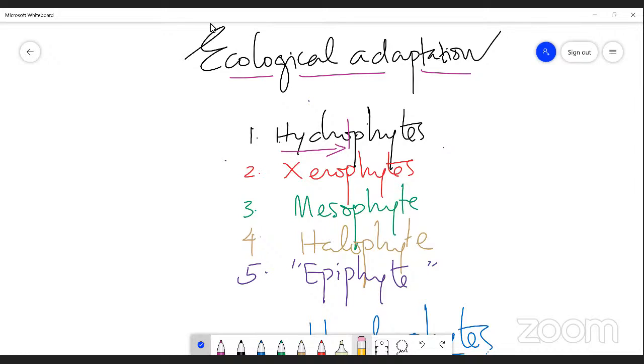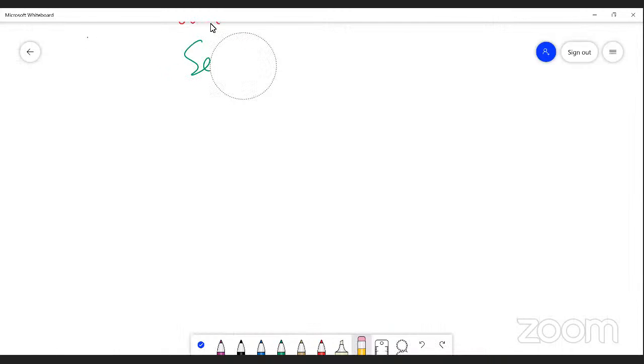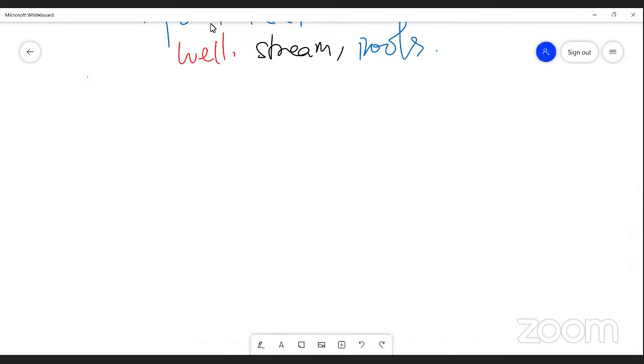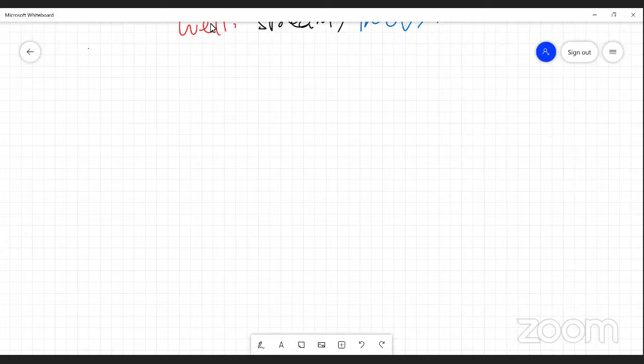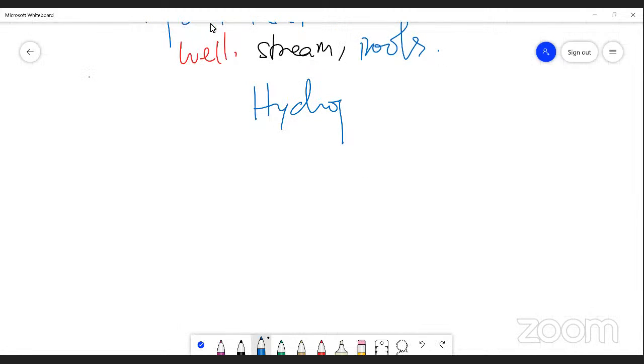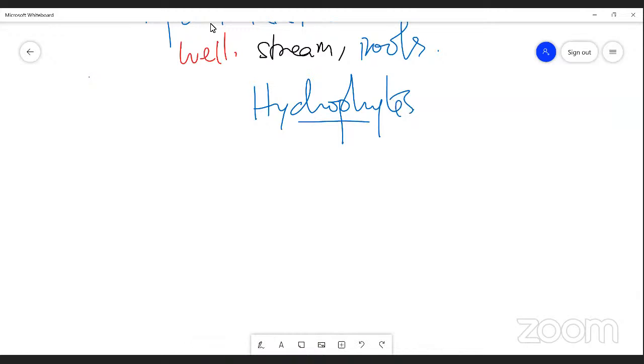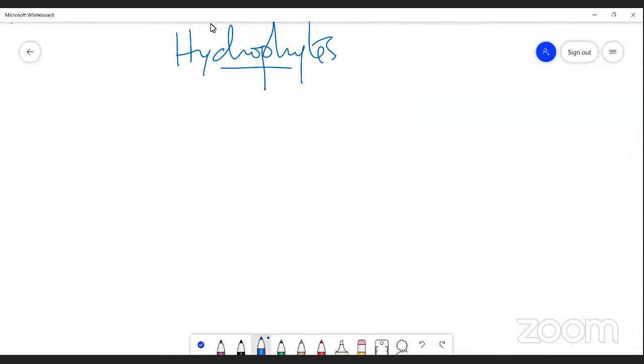Further, I'm talking about the types of hydrophytes. The first type is free floating hydrophytes. That means some members of the plant kingdom may float on the surface of water.